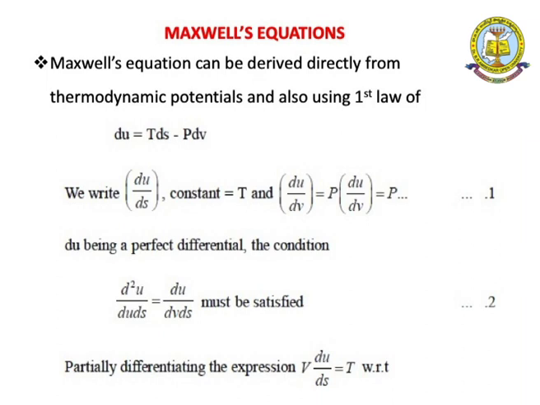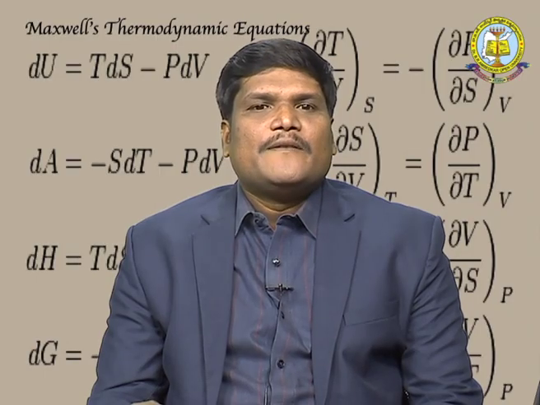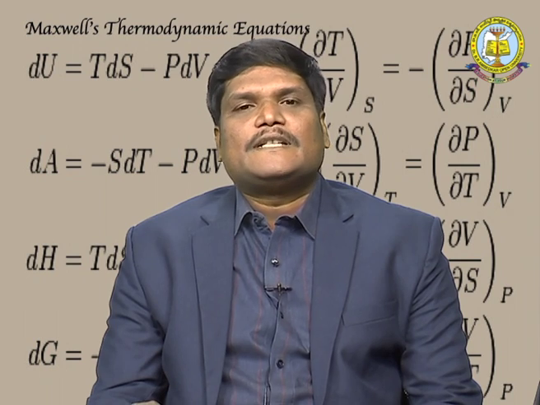In the first equation you can see dU equals TdS, so dou U by dou S equals T, and dou U by dou V equals minus P, which is a perfect differential.